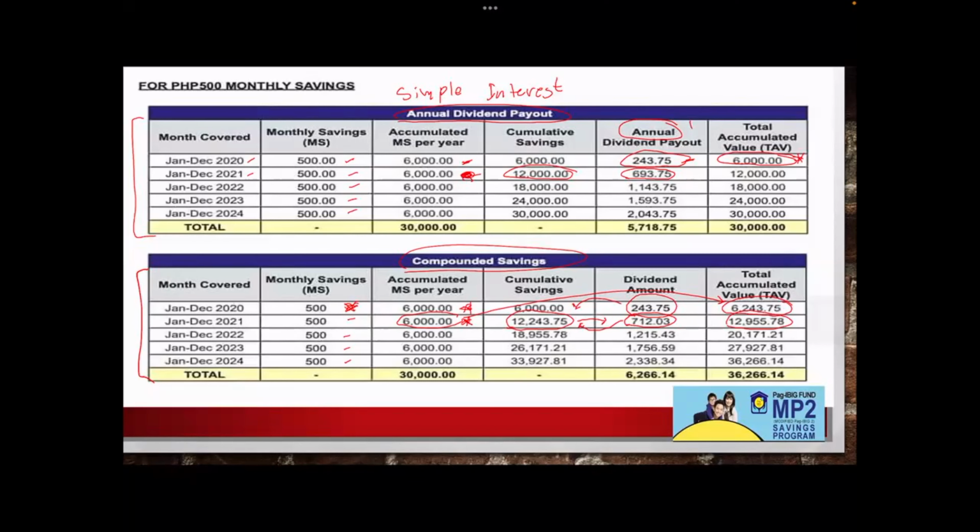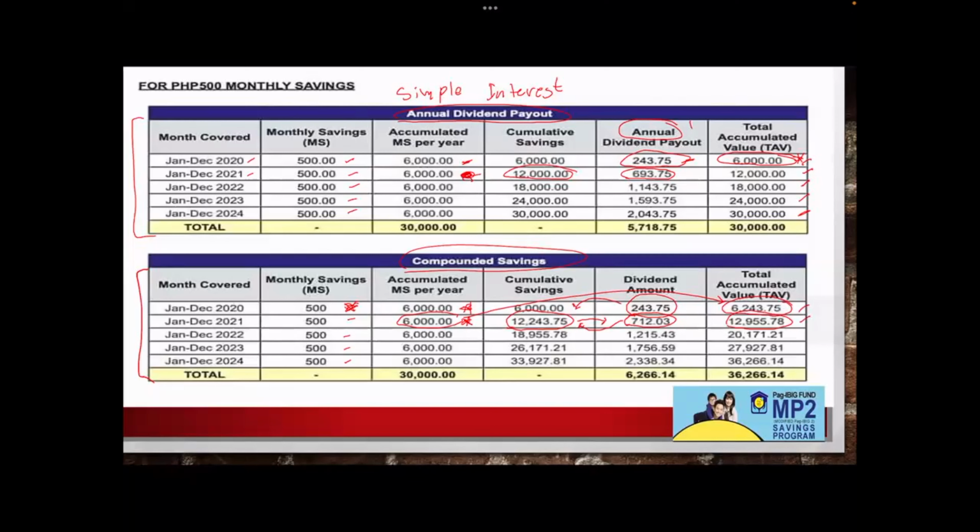While in the simple interest, yung interest mo ay nakukuha mo siya, pero yung pinaka-principal mo ay nag-i-stay siya. Kunwari, from here, 6,000, tapos naging 12,000, 18,000, 24,000, up to 30,000. While here in the annual compounded, from 6,000, naging 6,200, naging 12,995, and up to 36,000.